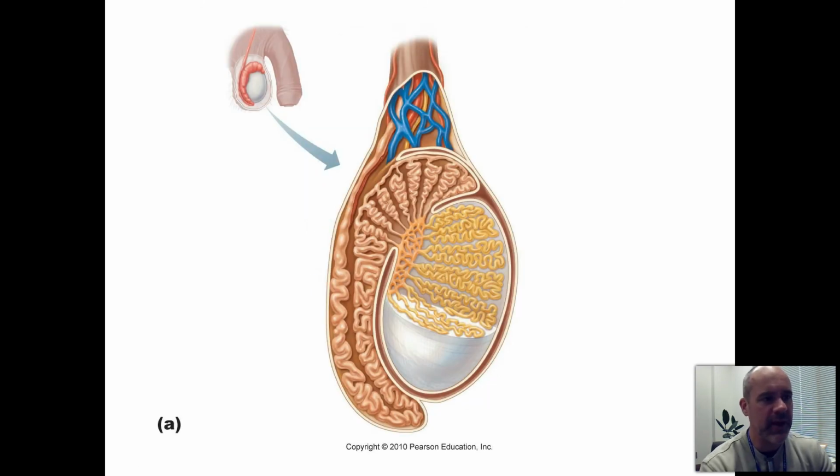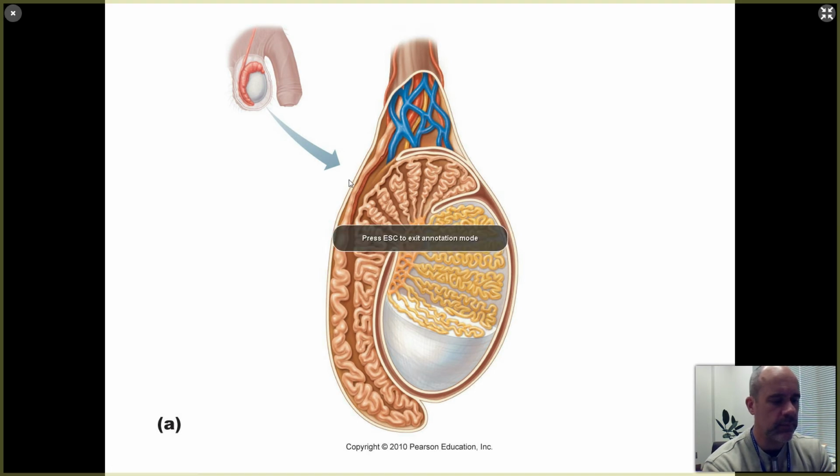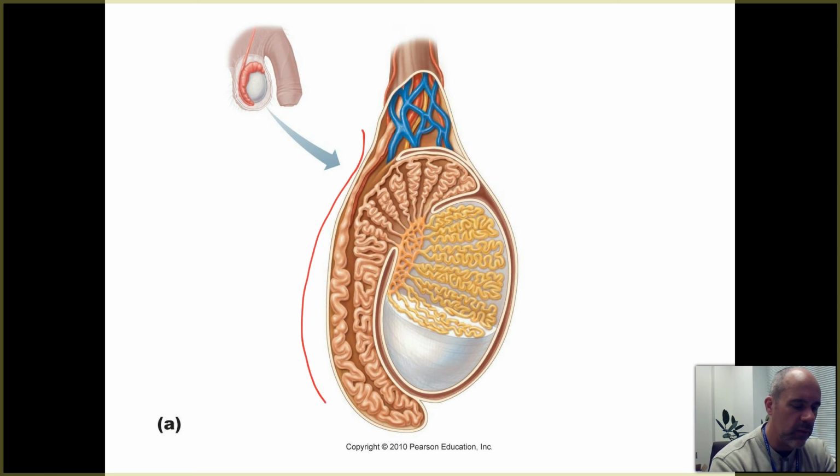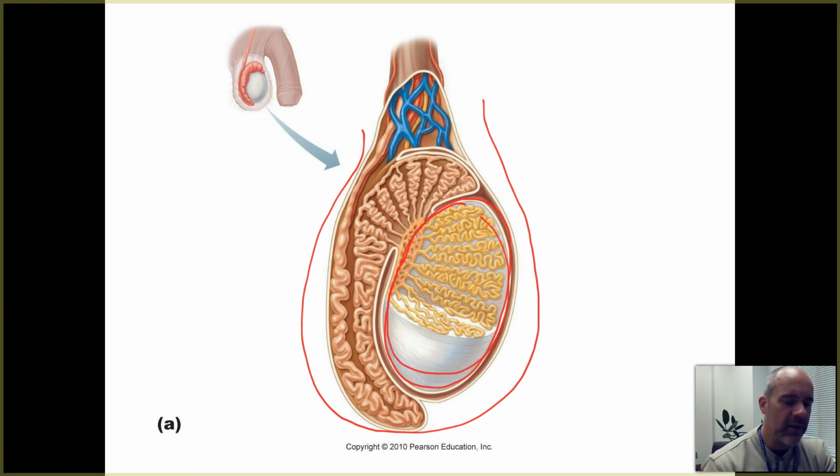All right, so this is a diagram from your textbook. Your scrotum would be here, and you're looking at one testis right in here, this little egg-shaped structure.